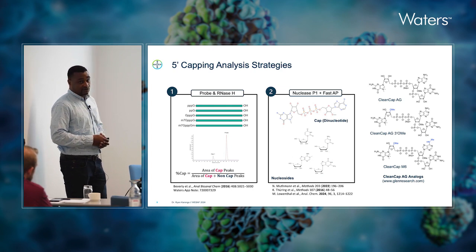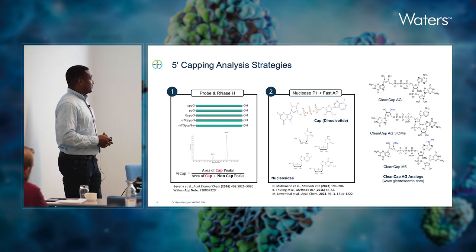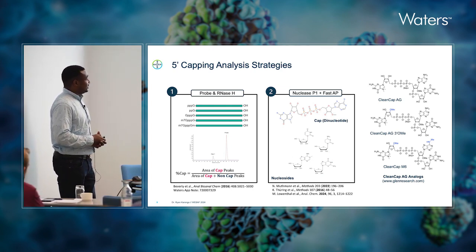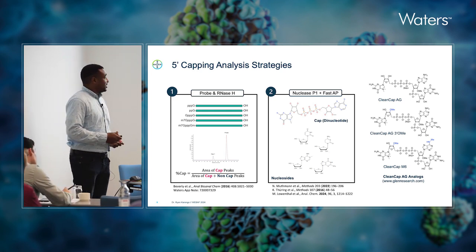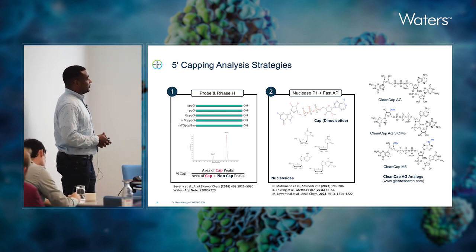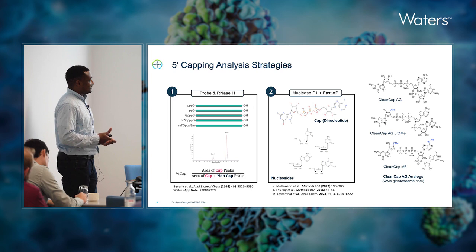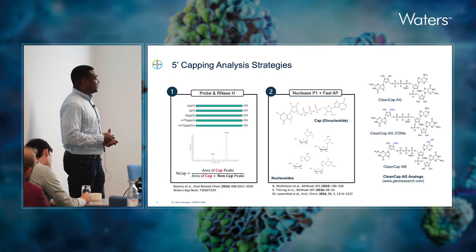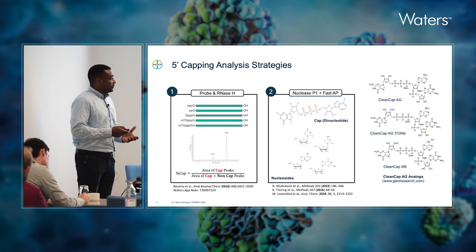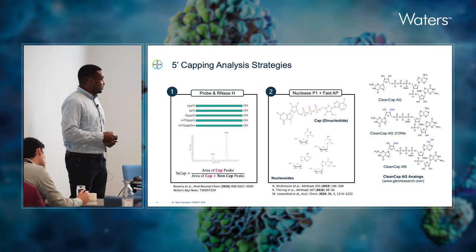We see this improves our chromatography, and the cap dinucleotide usually remains intact. And there are different caps which can be used for synthesis. These are the CleanCap variations, for example, and they differ in their degree of methylation.